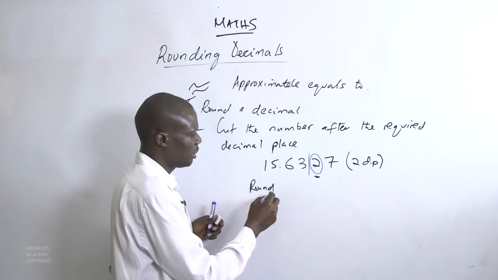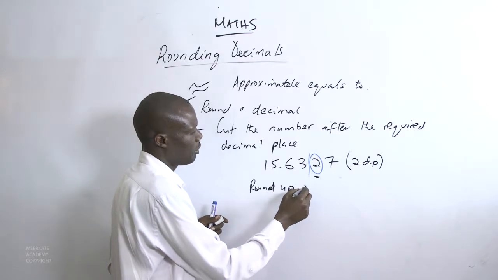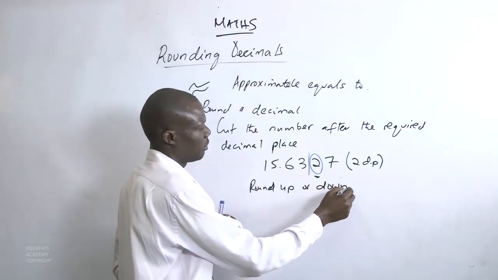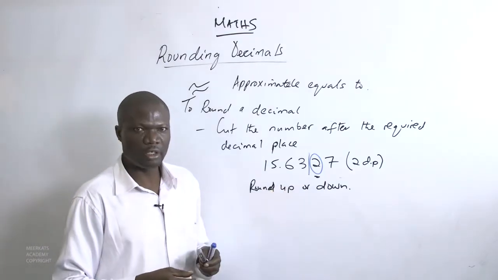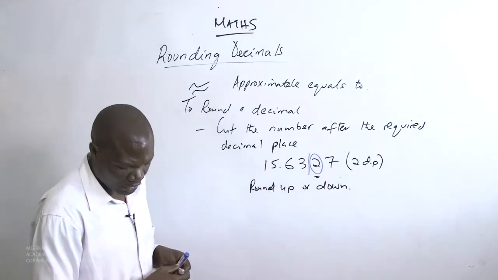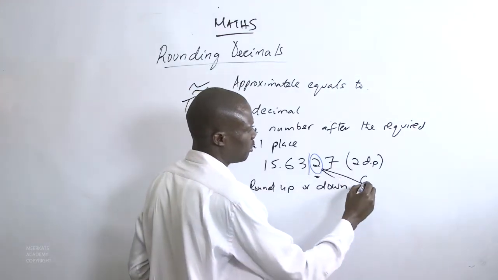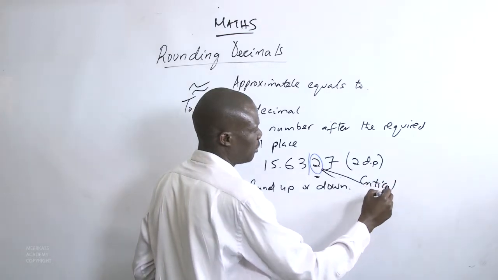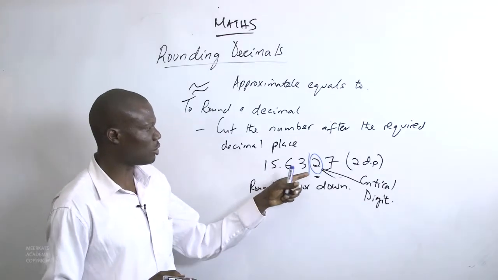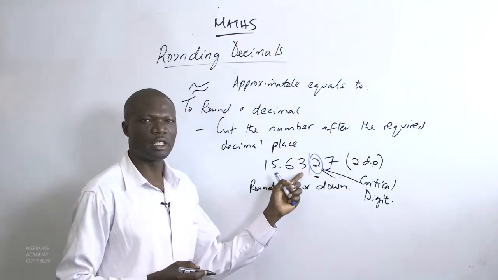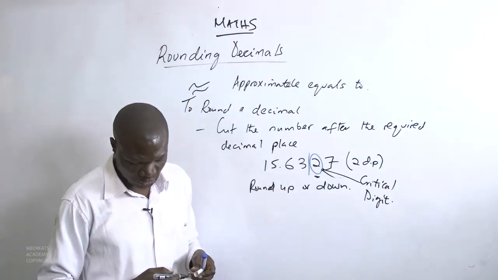This digit will decide whether we shall round up or down. We call it a critical digit. The digit 2 is called a critical digit, and as we can see, it will decide if this 3 will be rounded upwards or downwards.